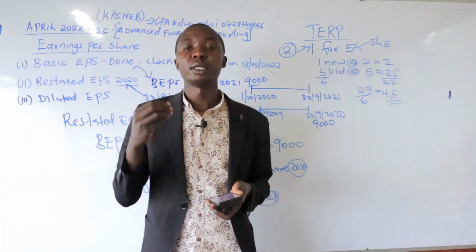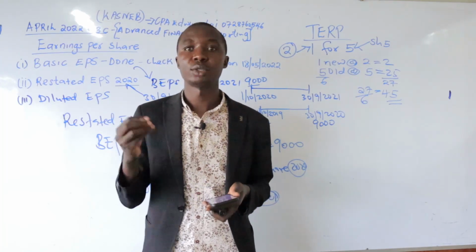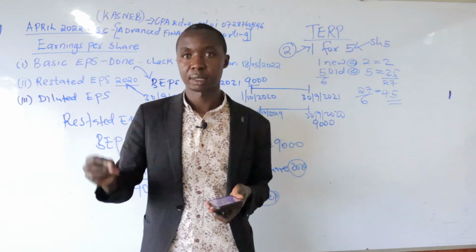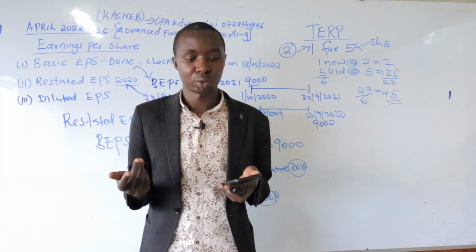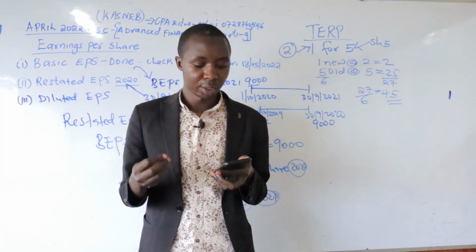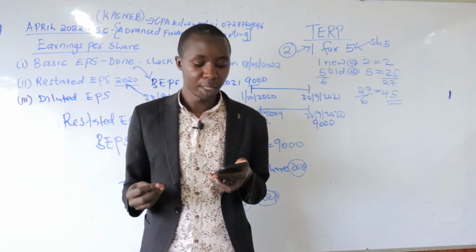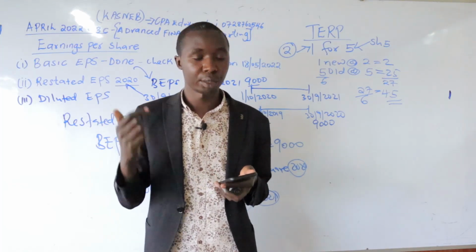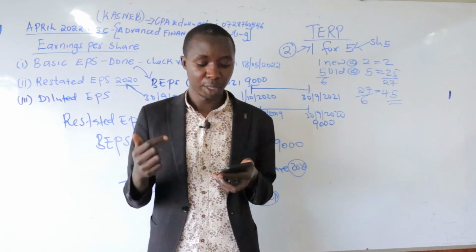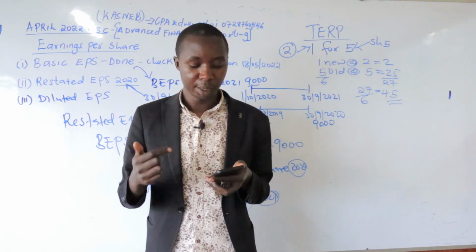But for computing diluted earnings per share, we assume that they were exercised. According to International Accounting Standards 33, only the bonus shares are to be included in computing the diluted EPS, after we have assumed that the exercise took place.